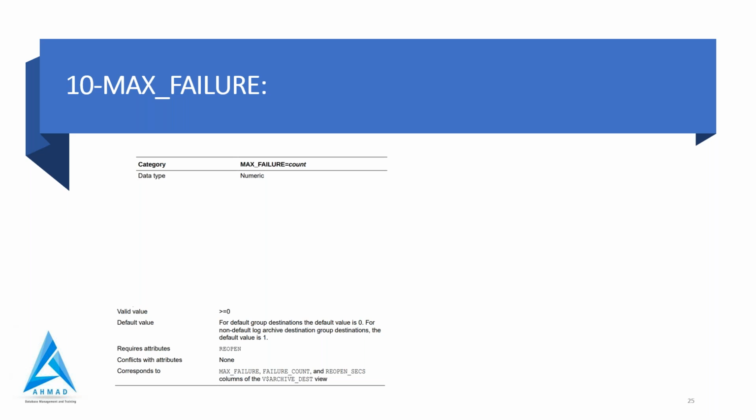If the archival operation fails after the third attempt, then the destination is treated as if the reopen attribute was not specified, and the destination is marked as permanently failed until you reset it. This is the way you can control that.